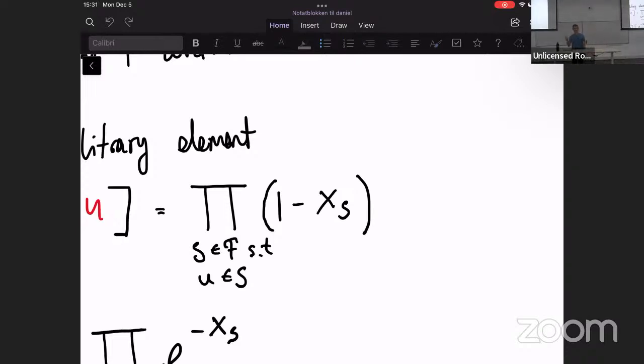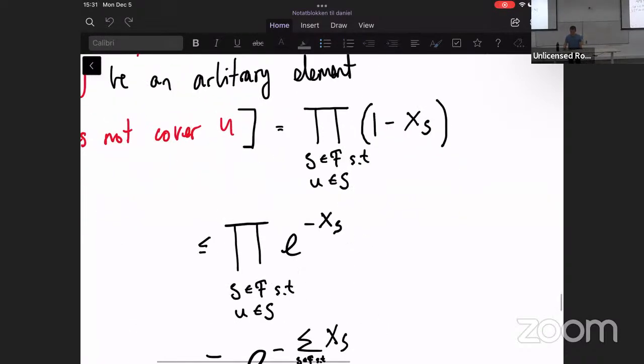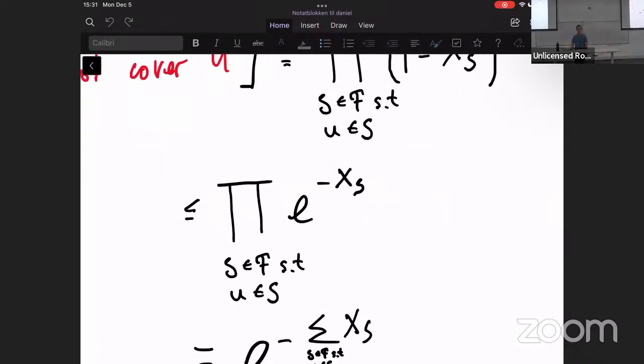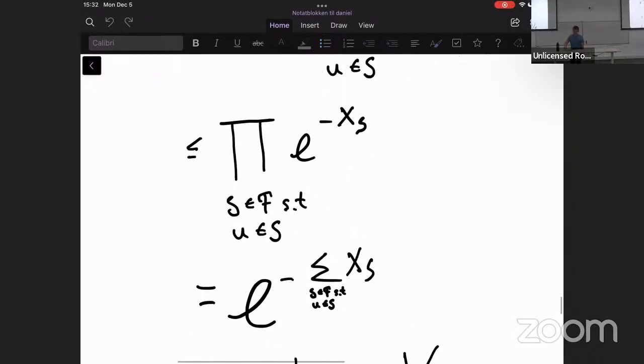Enter the inequality again: 1 minus x_s is at most e to the minus x_s. Now we turn a product into a sum in the exponent. So this is e to the minus the sum over all sets in F that contain the element of x_s. And what do we know about this sum? It's at least 1.